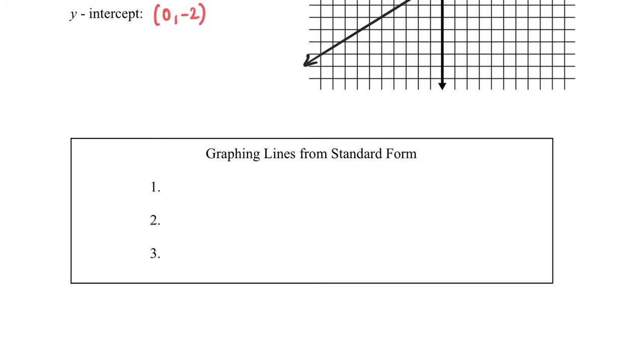Okay, so what do I need to do? I have to solve for x and y intercepts. Plot the intercepts.